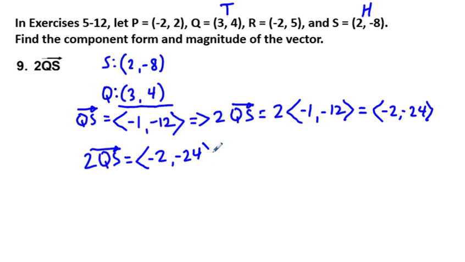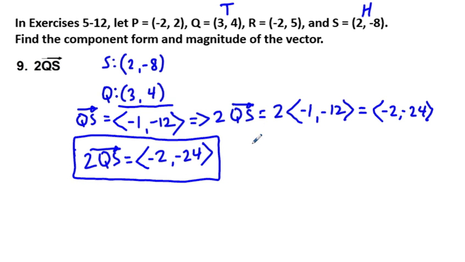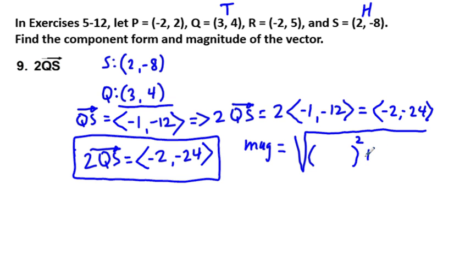All right. Let's go look at our magnitude. The magnitude is going to be the same thing as you did before for problems 5 and 7: the square root of x2 minus x1 squared plus y2 minus y1 squared. Distance formula, that's all it is. So we're going to put -2 for x2 minus x1, and -24 for y2 minus y1.